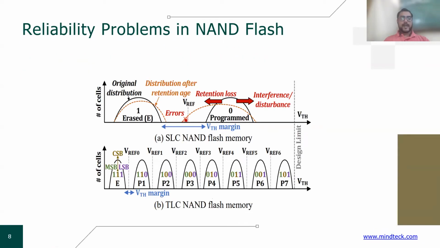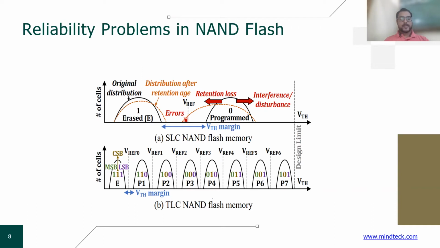In NAND flash memory, a variety of sources, including program interference, read disturbance, and data retention loss, introduce bit errors in the stored data. This figure shows the threshold voltage distribution of a flash cell in a single V-NAND, and how it is affected by various error sources.